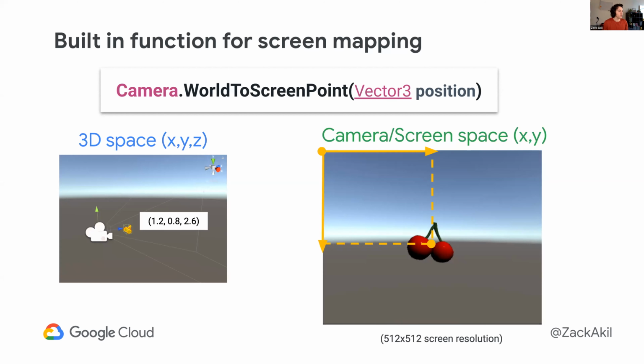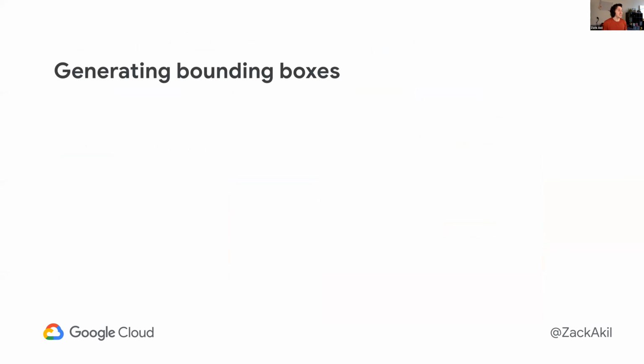So we've got our 3D object, and then we call WorldToScreenPoint, pass in the position of our 3D object, and it will tell us the exact position in pixels where that object is on the screen. You can probably already see this is really cool for machine learning, because we can just generate bounding boxes and positions of things.